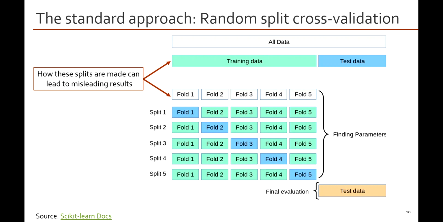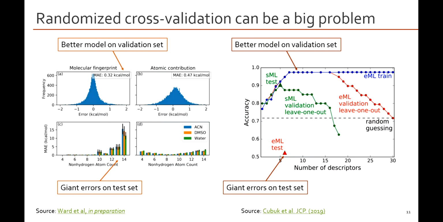And to give you two examples of where that can come into play, we'll look at some examples where people have found very big differences between validation and training sets, such as work that I've been doing over the past year or so on modeling the solvation energy of materials using message passing networks.